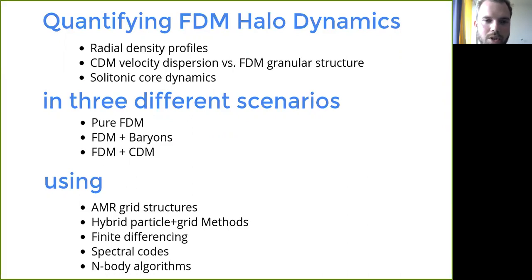actually two different scenarios. So one is, I will start with the pure fuzzy dark matter scenario, and then continue with the fuzzy dark matter plus baryon scenario. And we'll just briefly mention the mixed dark matter case with fuzzy dark matter and cold dark matter, because Mattea, who is also giving a talk here, she will actually then present our very recent paper on this mixed dark matter stuff.